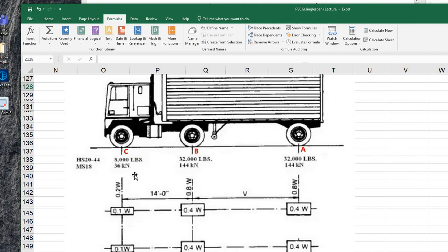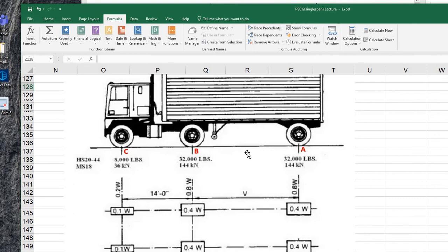Take note na ito ay English na naman, ano? Dahil American yan eh. Pero, meron na tayong load na 36 kilonewton, tapos at point B, we have 144, and then A, you have 144 also. Notice na B tsaka A parehas silang 144 dahil inassume niya na yung binubuhat niya is distributed equally on these two wheels.